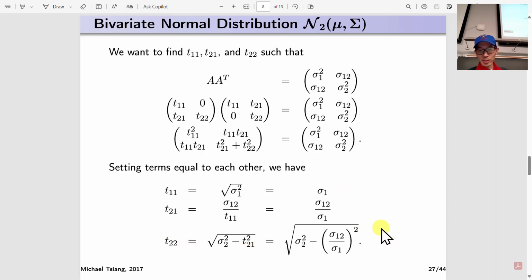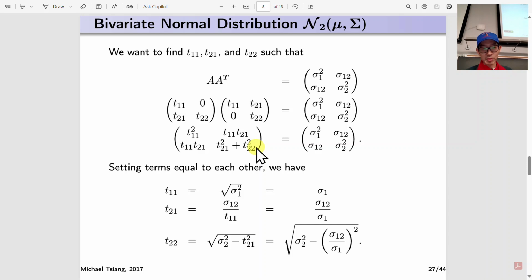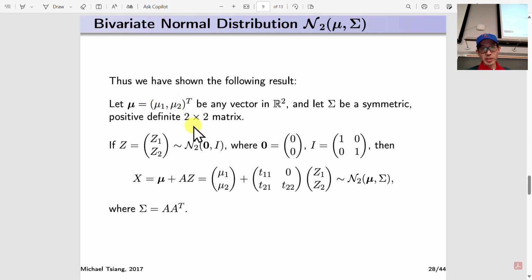Okay, so if you use this, you will end up with this matrix A that you can then use to produce your matrix X. So you'll generate random values from a standard normal distribution centered at 0 with variance 1, okay, independent. Z1 and Z2 are independent of each other.